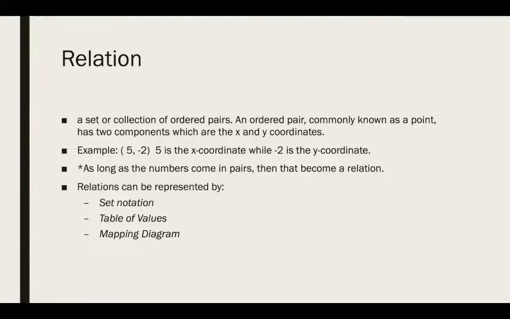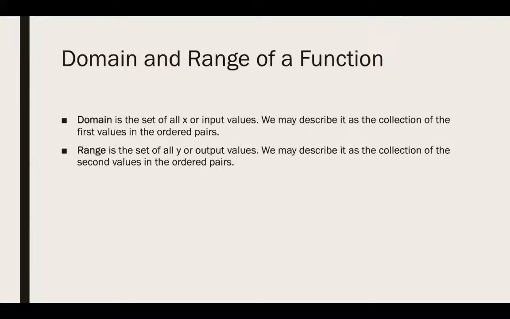And take note that relations can be represented by the following, but not limited to the following: a set notation, a table of values, and mapping diagrams. Now, after defining what a relation is, we will get to know the domain and the range of a function.